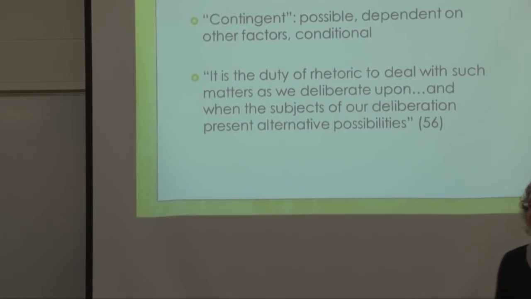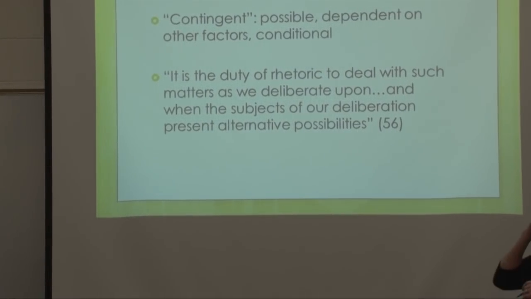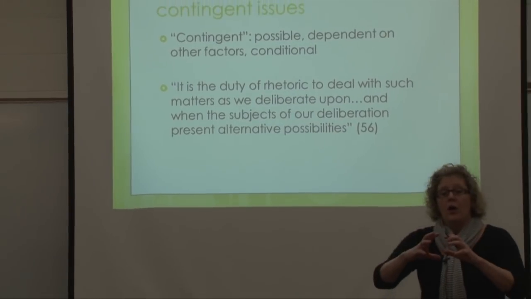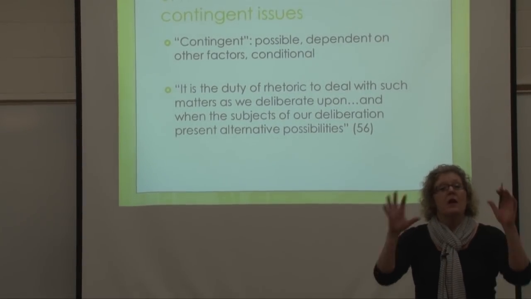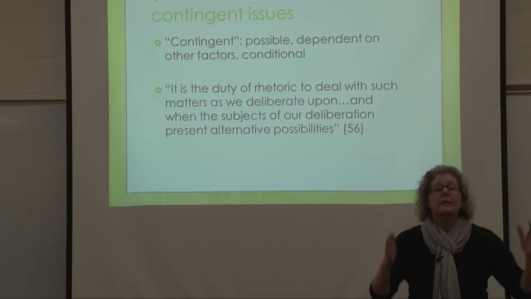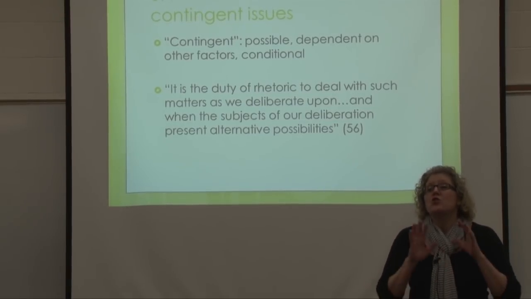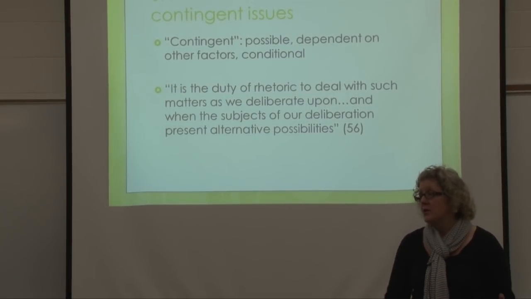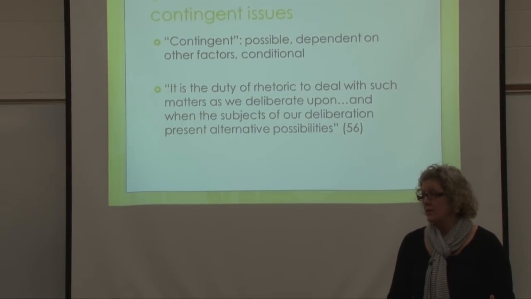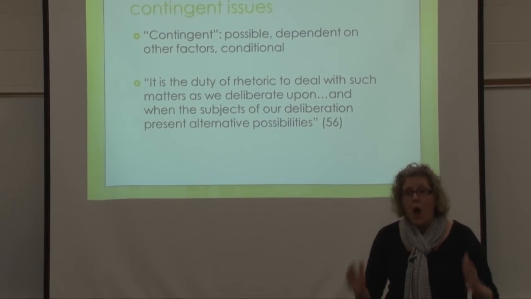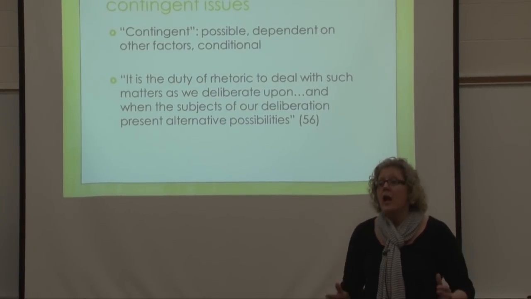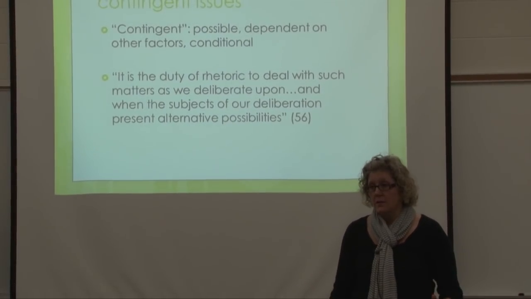Okay, so what he's getting at here is that there are realms of issues that people are completely decided upon. There's no alternative way to understand it. Something like gravity is not contingent. It is what it is, it will always be what it is, and we understand what it is.